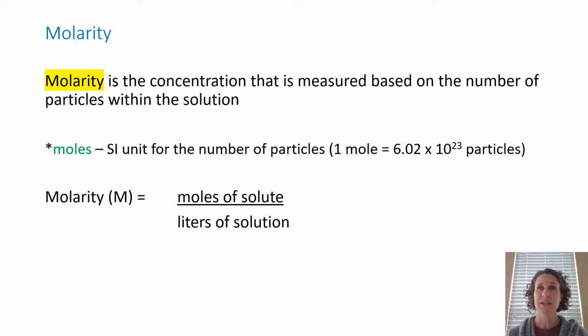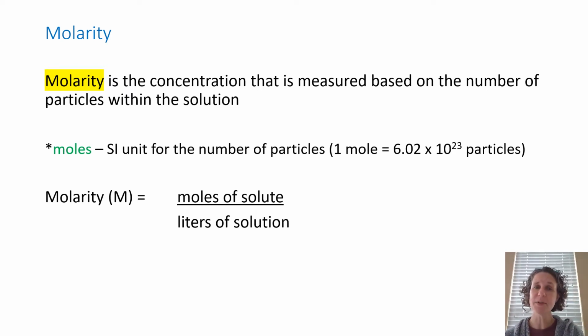But now, instead of grams, they use a unit called moles. We haven't talked about it a lot, but you guys have seen the stuffed moles in my classroom. You have also seen the cartoons that I had next to the smart board earlier this year. A mole is the SI unit for the number of particles, and it is basically there to make the math a little bit easier.